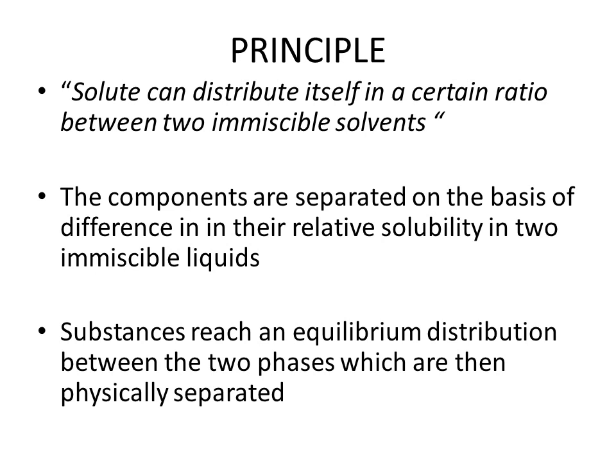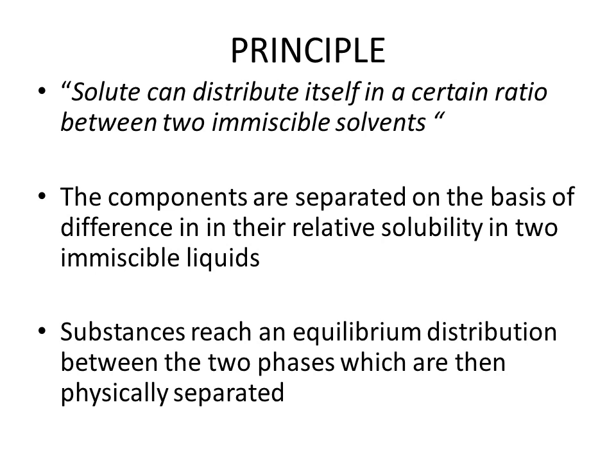And in what ratio will they be separated? The components are separated on the basis of difference in their relative solubility in immiscible liquids. In what ratio they will distribute themselves will depend upon their affinity with those two immiscible solvents. Definitely, the greater their affinity with any solvent, the greater will be their distribution in that solvent, and vice versa.